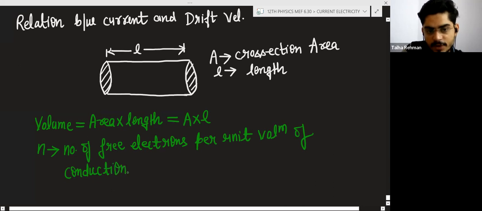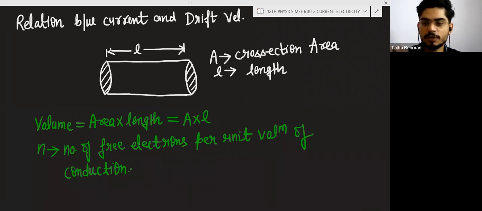Means n is the number of free electrons in the conductor in the unit volume. Unit volume means 1 meter cube or 1 centimeter cube.